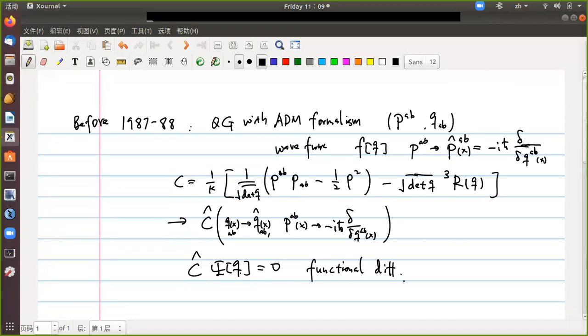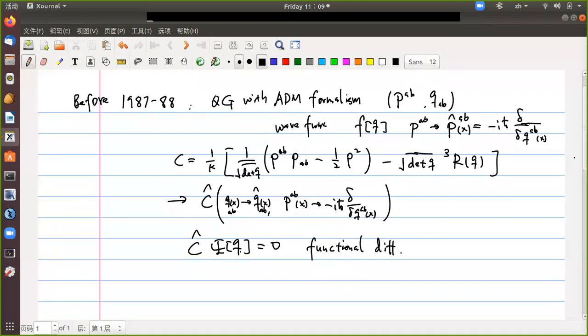This equation has a name, because it was the first equation about quantum gravity. It is called the Wheeler-DeWitt equation.